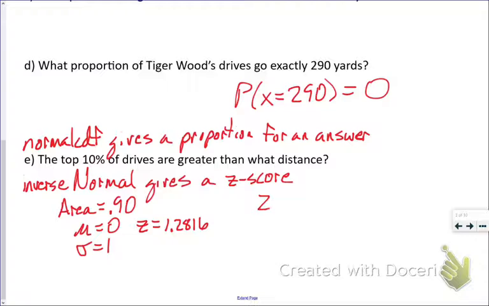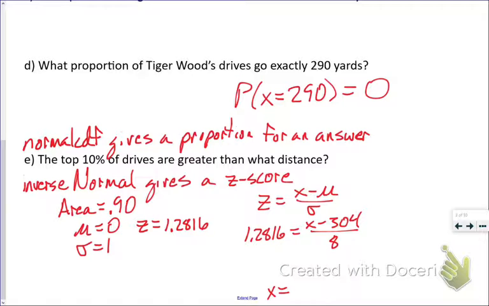Then plug that into your z formula, and we need to solve for x. We know this side. We don't know x. We know mu. We do know sigma is 8. So really all you have to do at that point is go all calculator if you know how to do that. That's all I'm going to grade, that you wrote that equation.